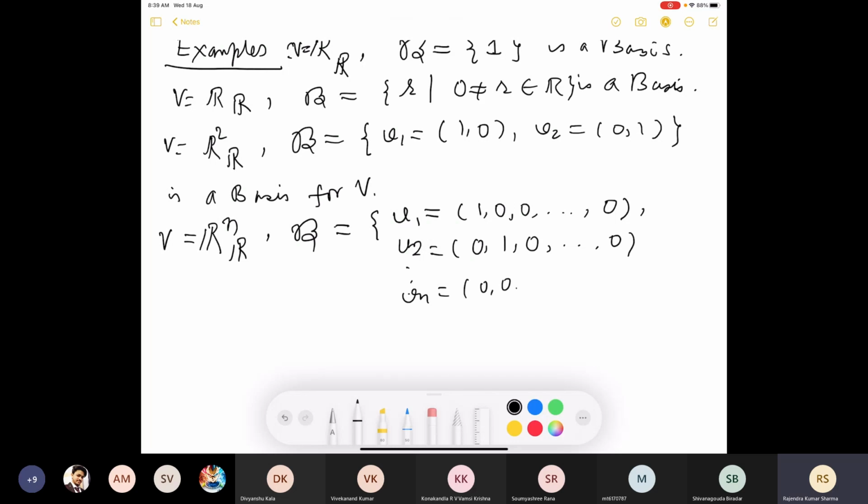Vn is (0, 0, ..., 0, 1), where the last is 1. This is a basis.